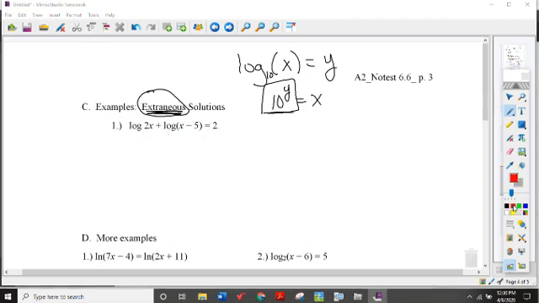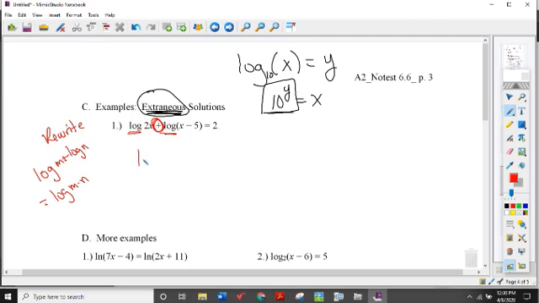All right, so we're going to use our log properties. So same logs, and they're being added together. So I can't isolate these. I can't add to one side and get them to look exactly alike. So what I do is I rewrite. So my first step is to rewrite this using my property that says log of m plus log of n is the same as log of m times n.